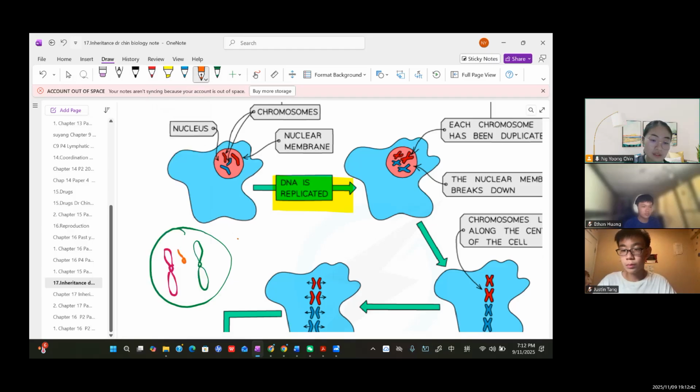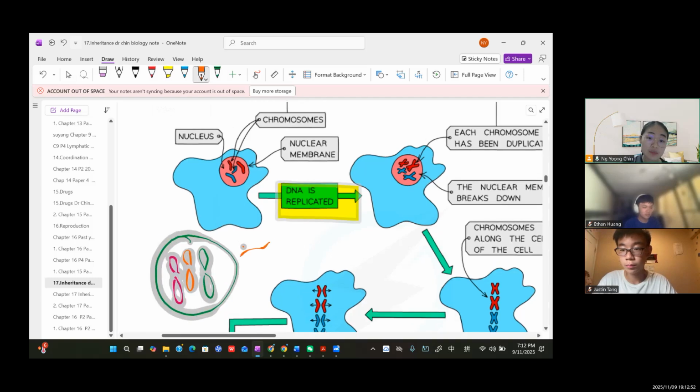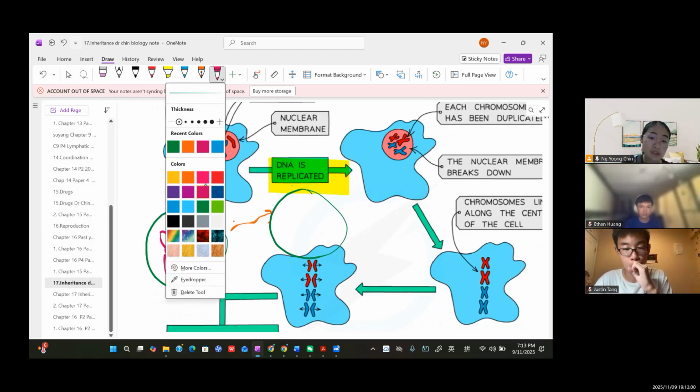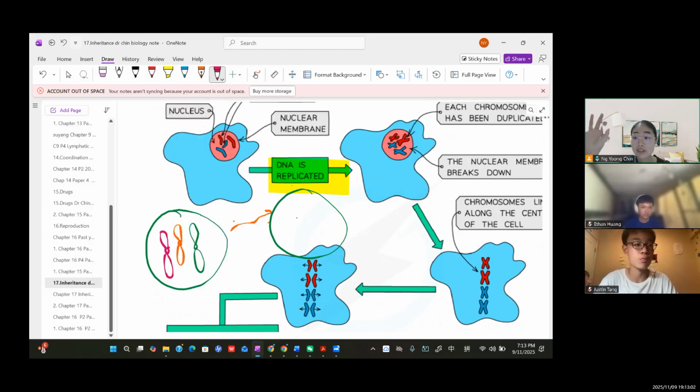So like this we call what? We call these chromosomes. So after that, first they need to undergo DNA replication. So after they undergo DNA replication, they will become like this. Now they become like this. Okay. So each of the chromosomes has another copy. We call it what? Sister chromatid. So in this way, you can see they will have another copy.